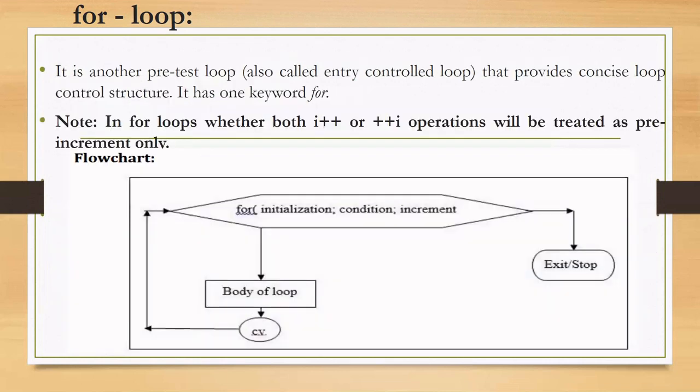We'll see the flowchart of that. The syntax format of the for loop is: for, with initialization, condition, increment. If the condition is true, it goes to the body of the loop and executes, and again comes back to the for until the condition fails. If the condition fails, it goes to exit or stop.